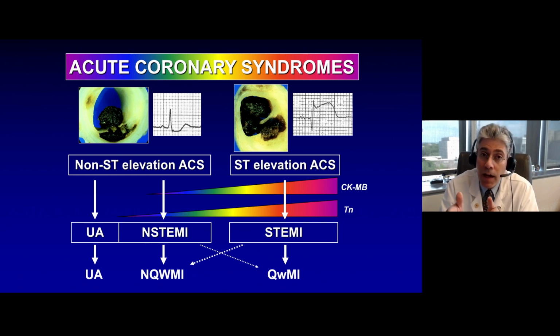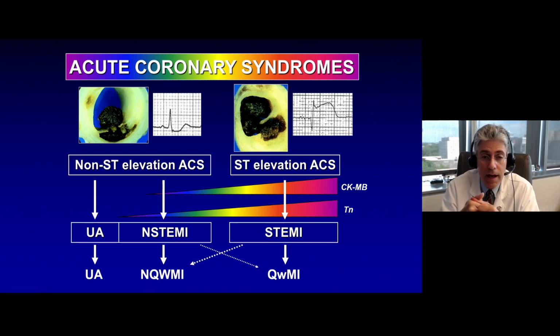They may or may not show ST segment changes. Again, the ECG here shows about 1 millimeter of ST segment depression. The patient may have that, but they may have had it only transiently at the onset of the ACS, and by the time you see them in the emergency room or on the floor, their ST segment may have normalized. They may or may not have T-wave inversions as well.